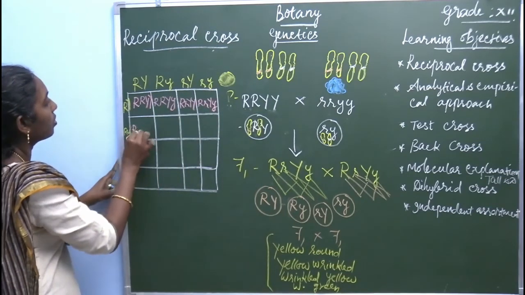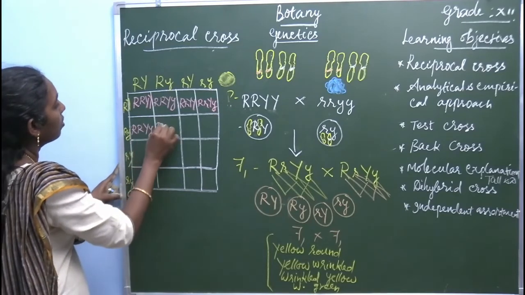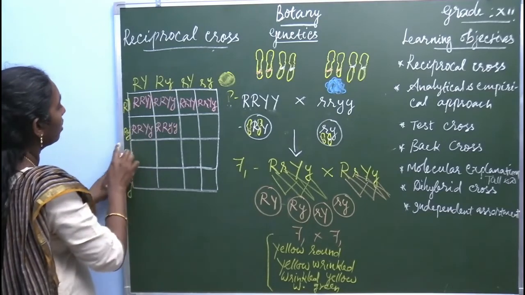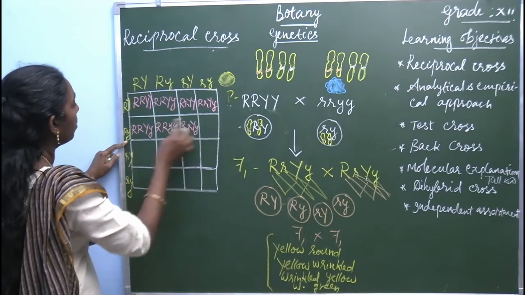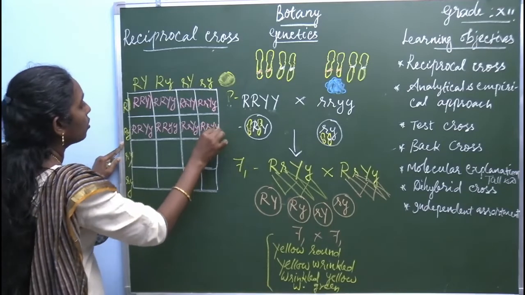Here capital R, capital R, capital Y, small y, capital R, small r, capital Y, small y, capital R, small r, small y, small y.